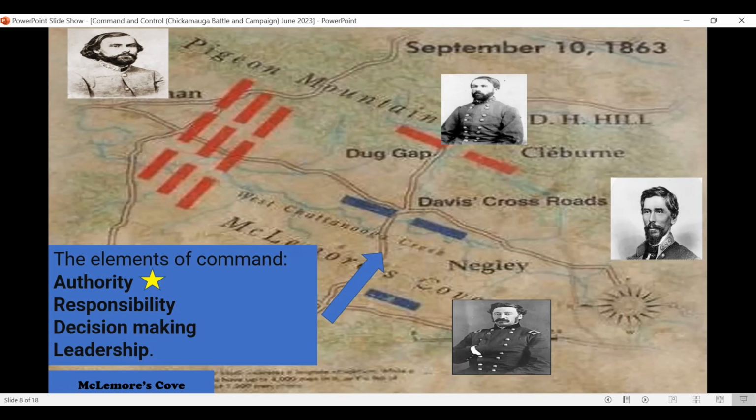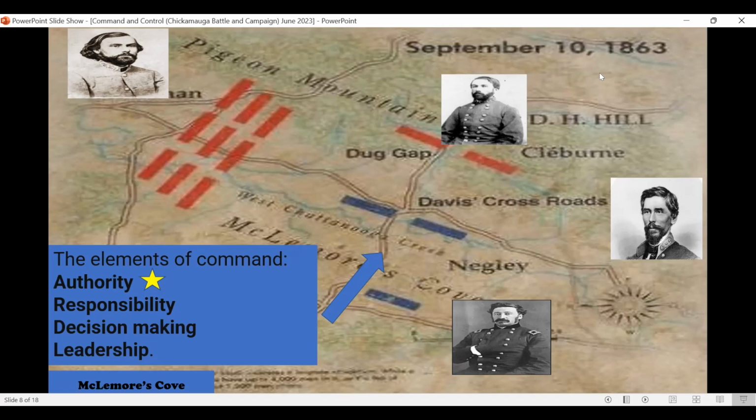Begins to get concerned. Some back and forth messages between Hyman and Bragg continue. But one message, however, says, if you find the enemy in such force as to make an attack imprudent, fall back at once upon Lafayette. Again, that is a direction away from Negley.